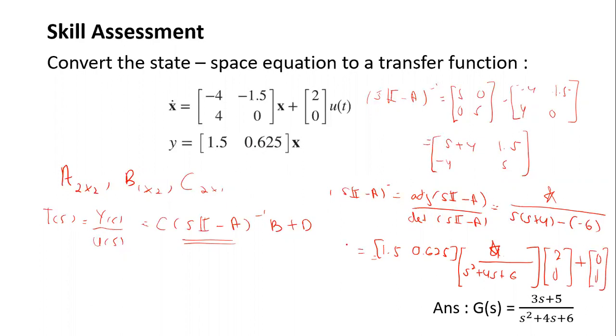So you should get your transfer function. At the end, you can self-check that you should get the transfer function 3s plus 5 over s squared plus 4s plus 6.